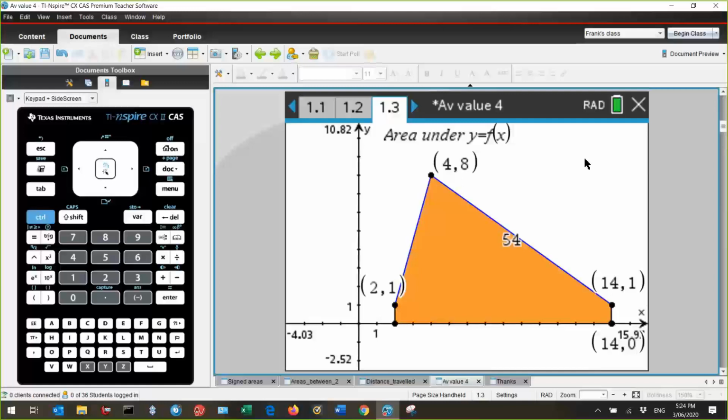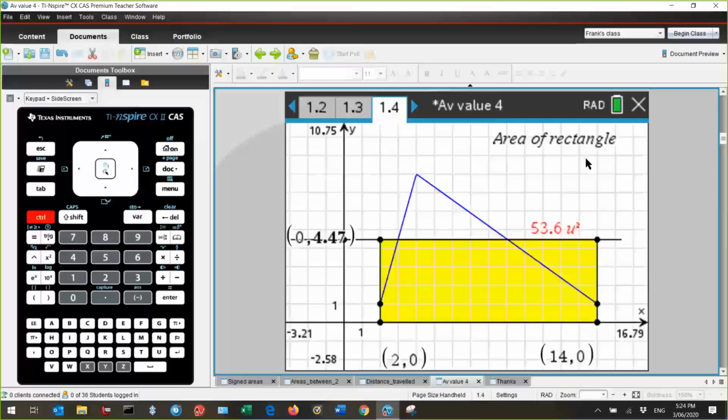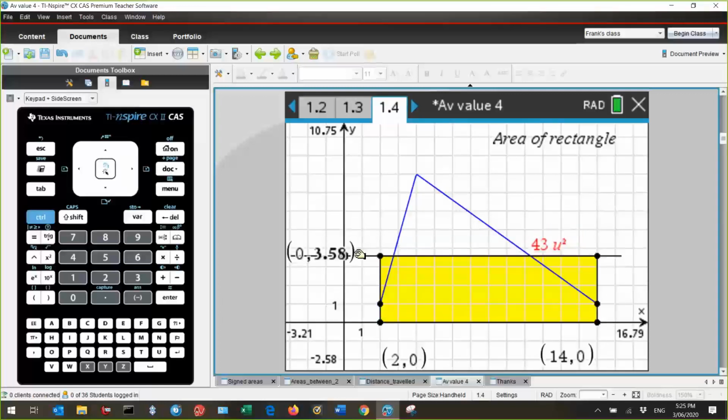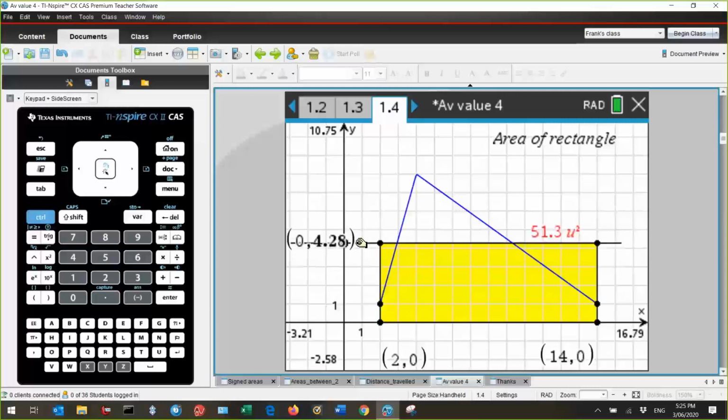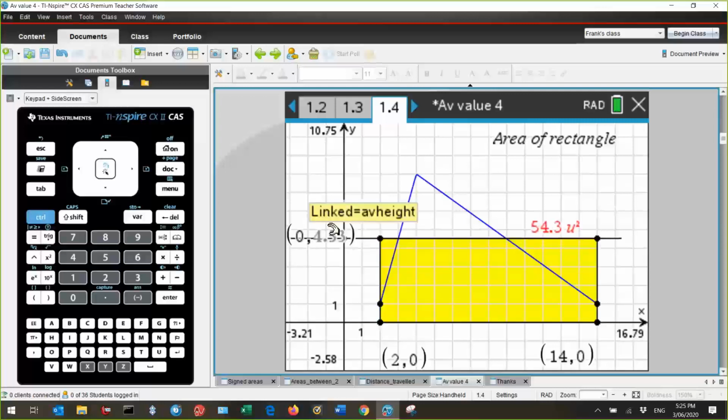So the average value has to be such that I need an equivalent area, which is also 54. And I can see that's going to happen when I have 4.5, unsurprisingly, right?